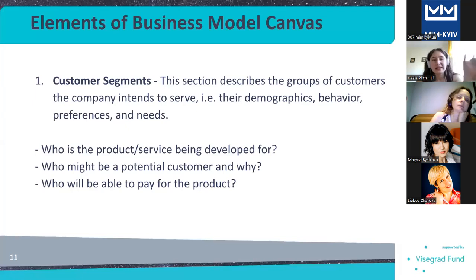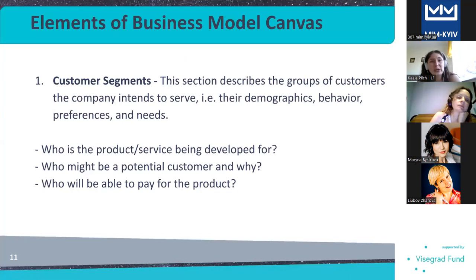Okay, so customer segments. This section describes the groups of customers that the company intends to serve, for example their demographics, their behavior, their preferences, their needs, and the questions that it answers. You have it on a slide so you can refer to that later on.